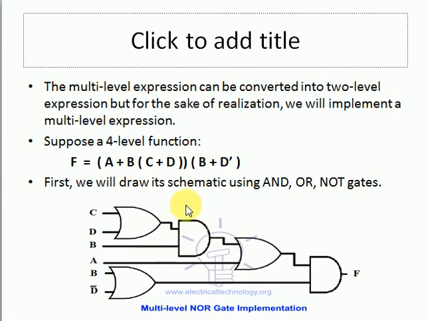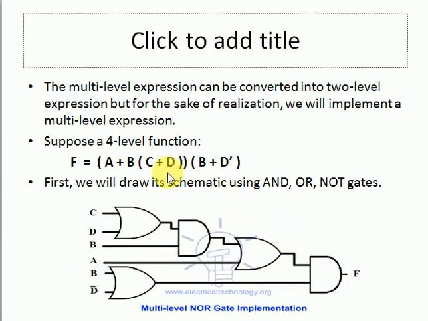Then this output goes as the input of this OR gate, and the other input is A. Then after that we have B plus D complement, so here an OR gate gives us B plus D complement, and this whole literal is ANDed with this B plus D complement. So here we have the AND gate.